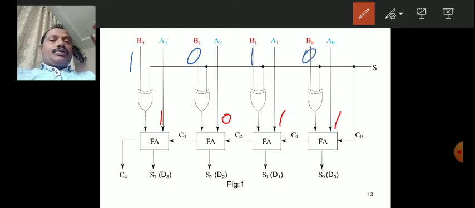And because we want to do subtraction, S equals 1. That 1 is coming to all the XOR gates, because it is a control signal, and it is also connected to the first full adder. Hence that 1 comes to the first full adder and all XOR gates. That is the important point you have to remember.